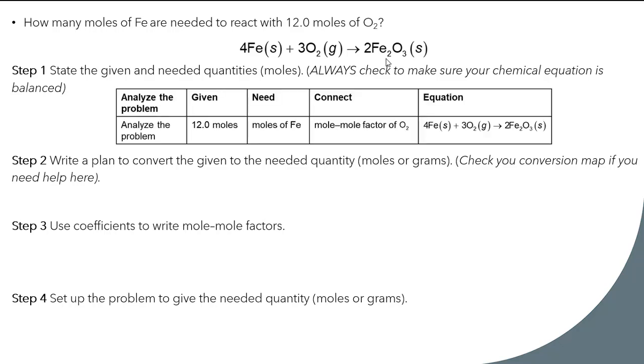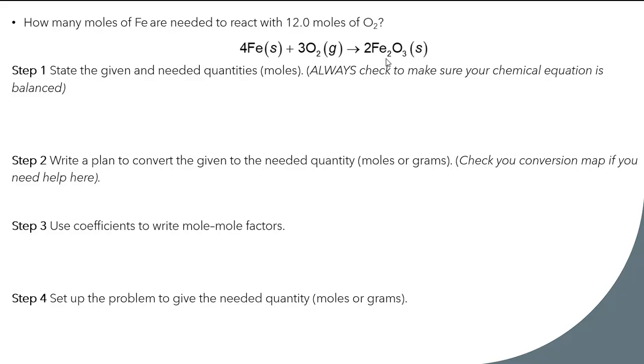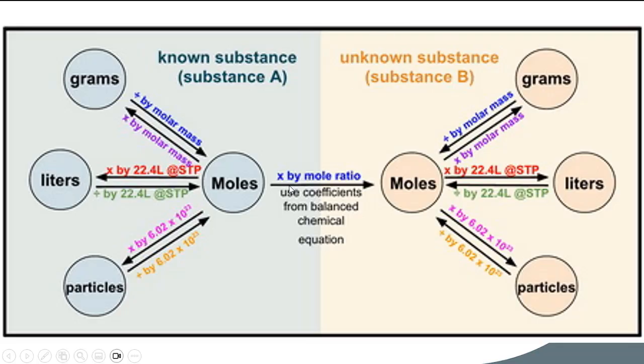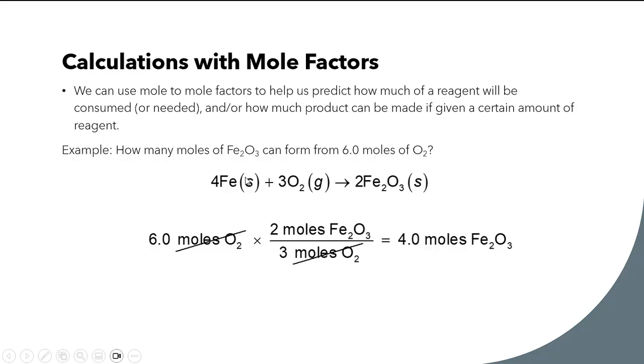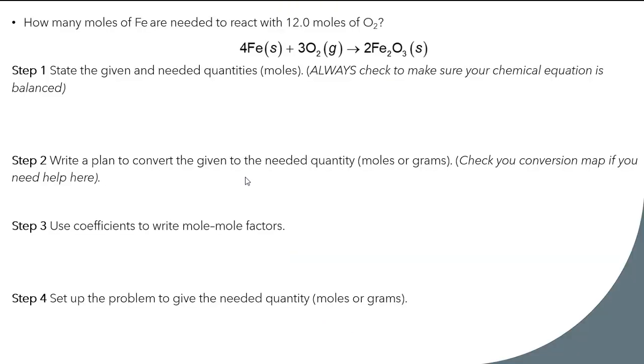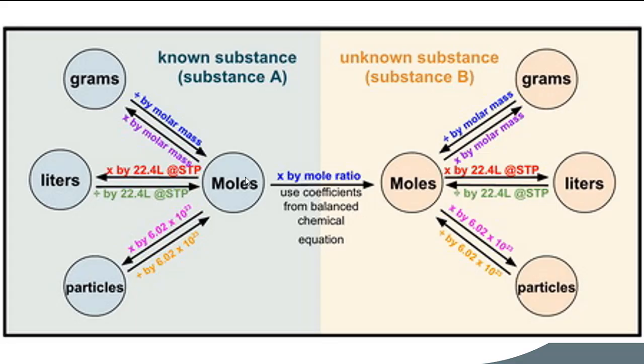Analyze the problem, right? So state your given. We are given 12 moles of oxygen. Our needed is the moles of iron. Our connection is going to be our mole to mole factor for oxygen. If we go back to this little flowchart, we're given the moles of our known substance, which is oxygen, and we are asked to calculate the moles of our unknown, which is iron.